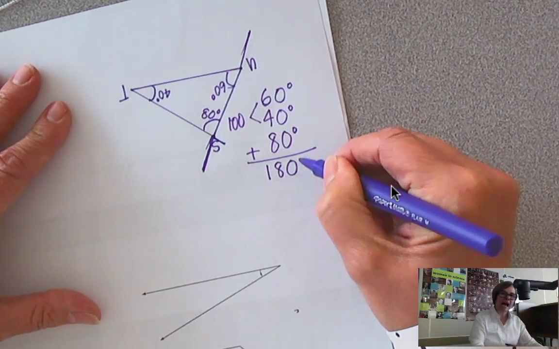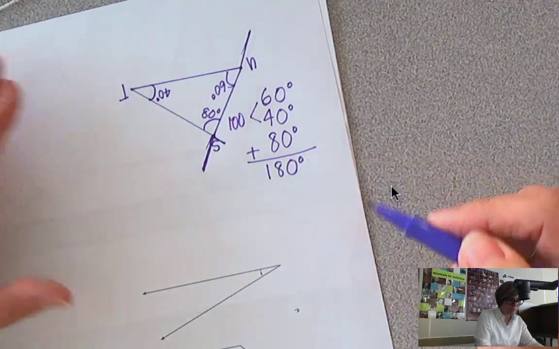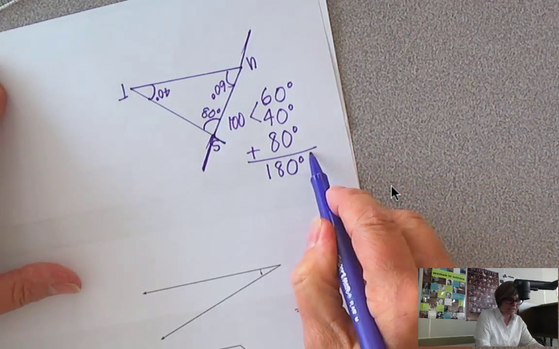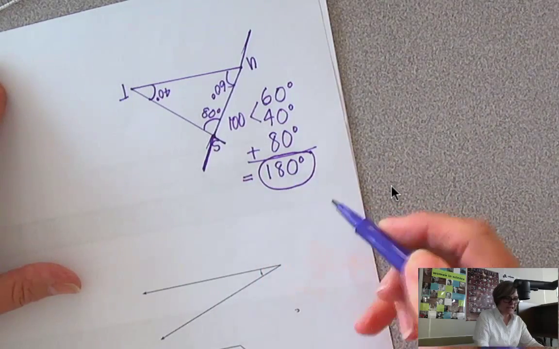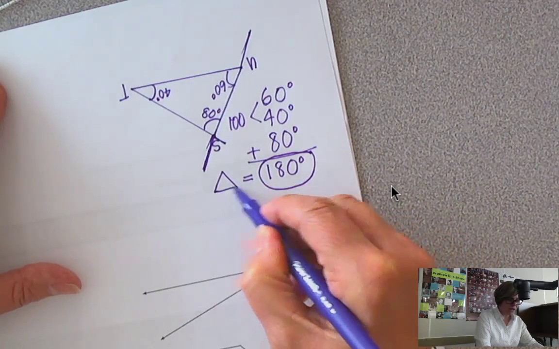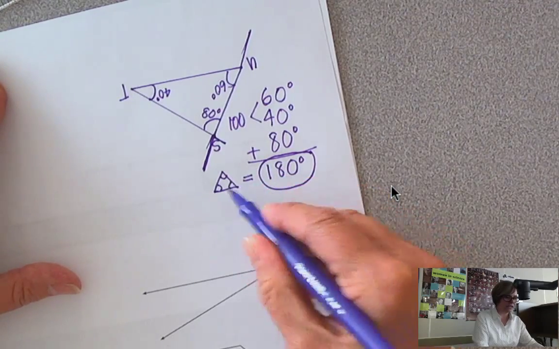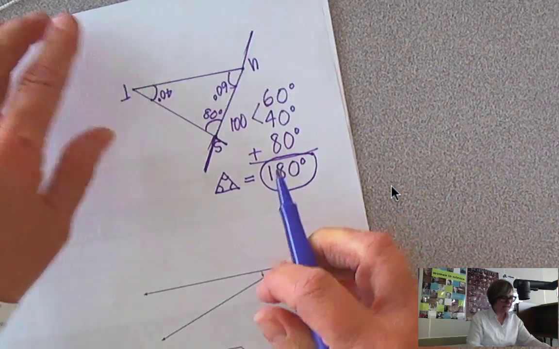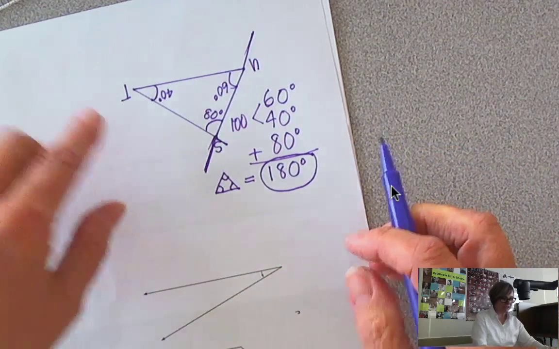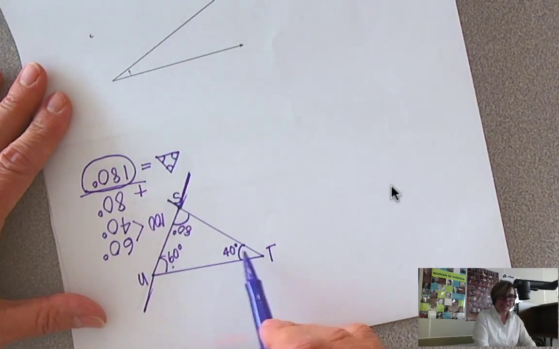A triangle will always come out to a measurement of total angles equaling 180 degrees. So all the angles in a triangle will always equal 180 degrees. So if we found out, for instance, that this one was 60 and this was 40, I wouldn't even need to measure this one.